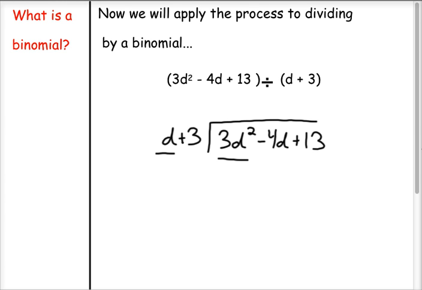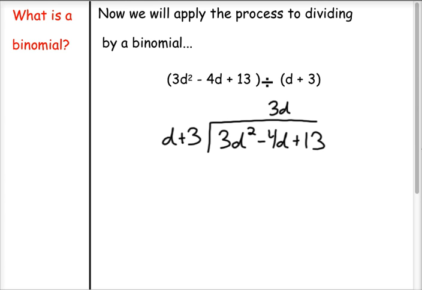Well, d times 3d would give me that 3d squared. So that's the first thing I'm going to identify: what can I multiply that d by to get that 3d squared? Now notice where I placed it. Because I decided it was 3d, notice where I placed that on the top. I placed it over the d's.